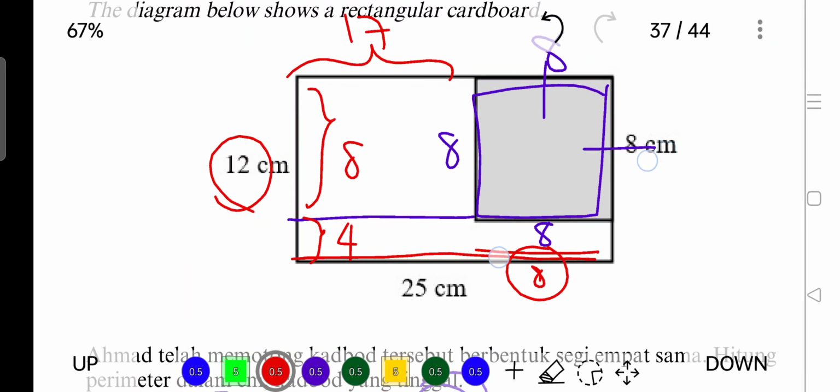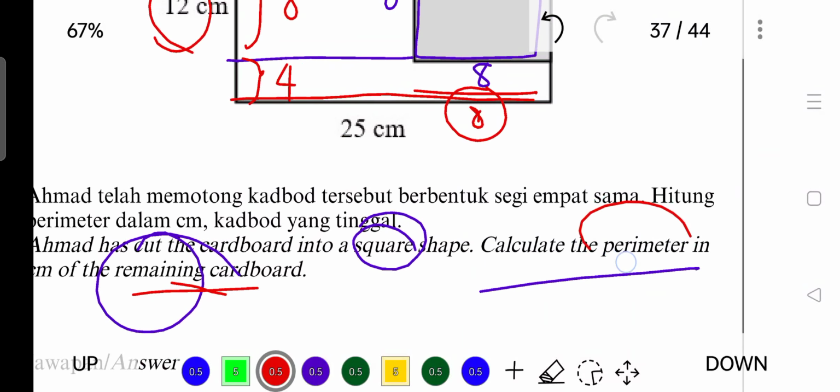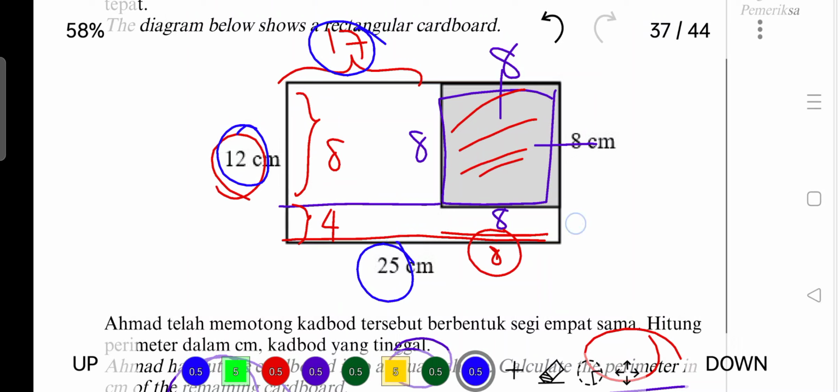Okay. So the question now is the remaining cardboard. They want the perimeter. This has been cut out. So what do we have? We have 17 plus 12 plus 25 plus 4 plus 8 plus 8.